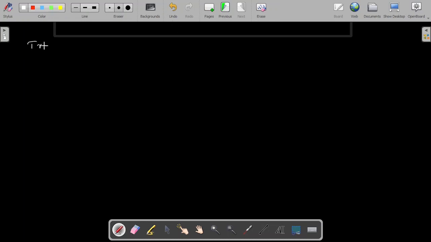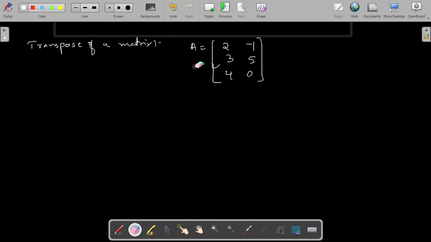Now what is transpose of a matrix? Transpose of a matrix is obtained by interchanging rows and columns of the given matrix. So suppose A equal to 2 minus 1 3 5 4 0. This is a matrix of order 3 by 2.